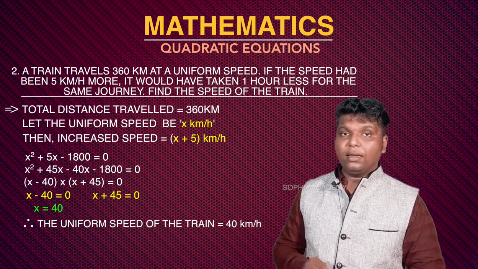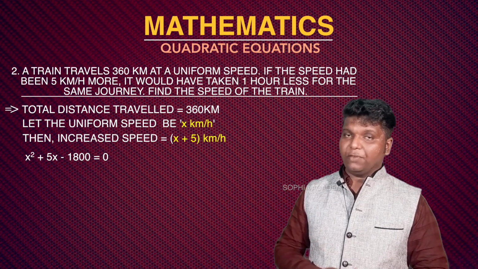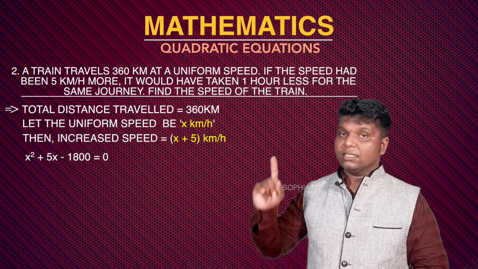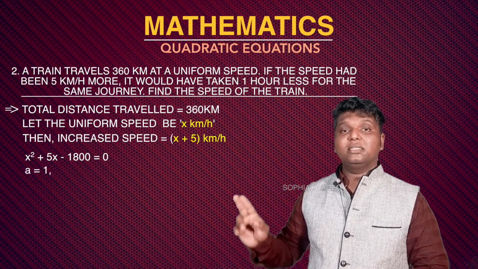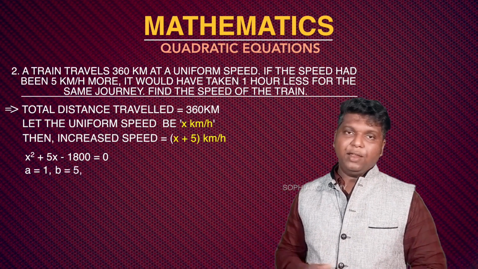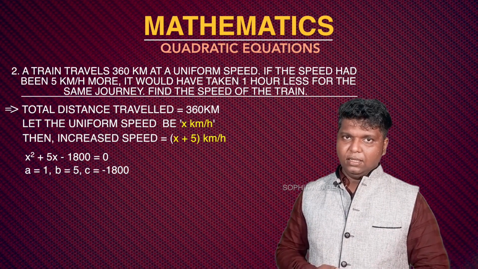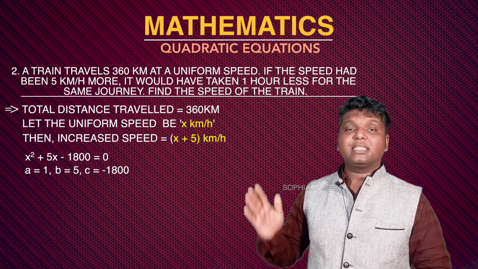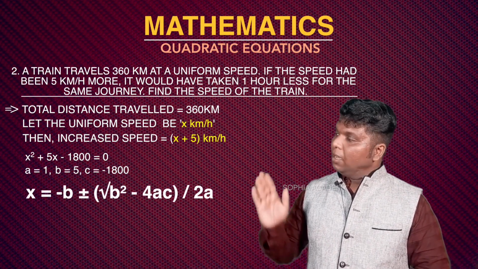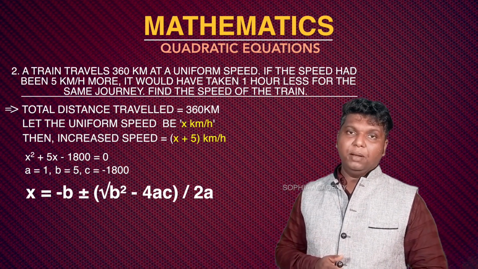So how can you apply the quadratic formula? Here a means the coefficient of x square, which is 1. b means the coefficient of x, which is 5. c means the constant term, which is minus 1800. So in that equation, x is equal to minus b plus or minus root of b square minus 4ac, the whole divided by 2a.